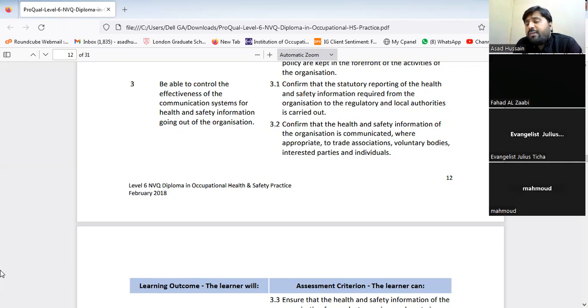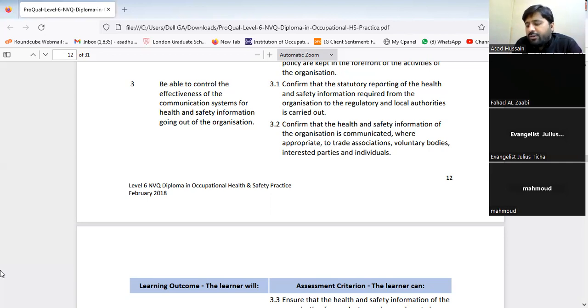The main requirement is normally the legal requirements, and then you have the organizational requirements, the requirements of stakeholders, the requirements of interested parties. That will be considered at the second stage. So in 3.2, you have to decide what type of information you can share with them.